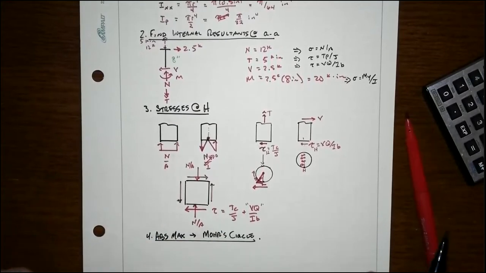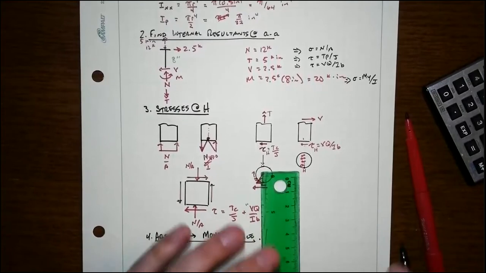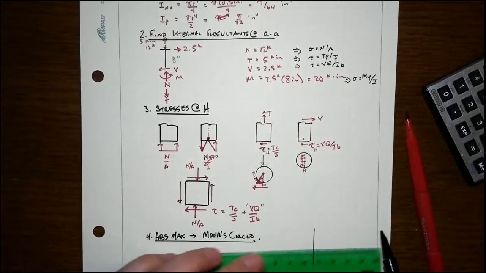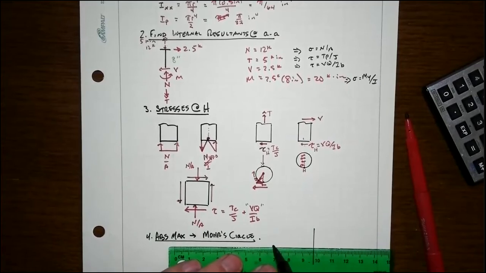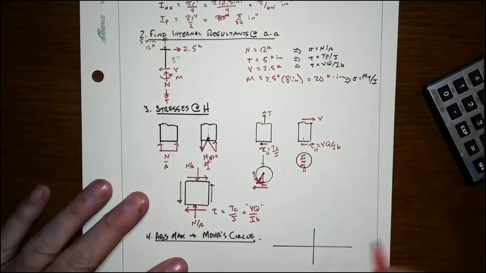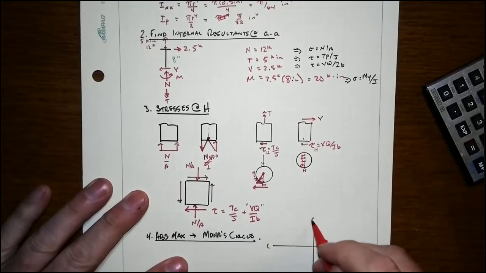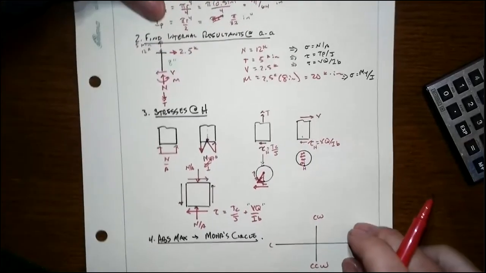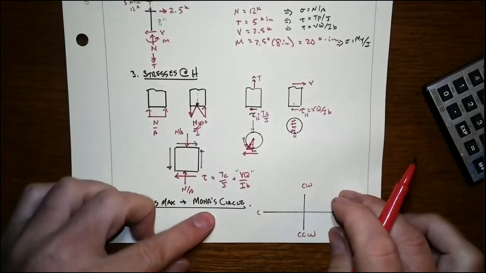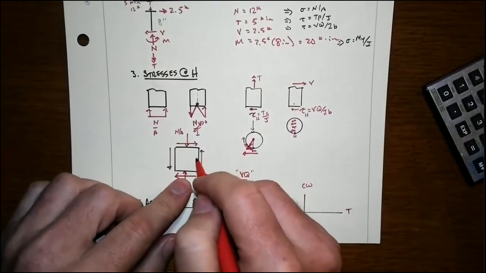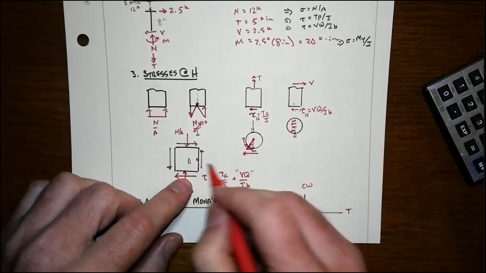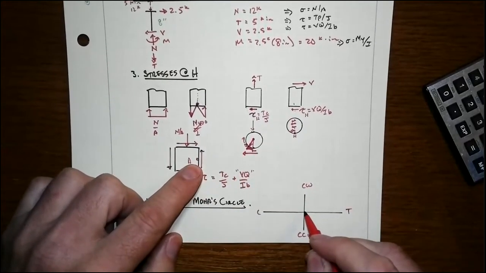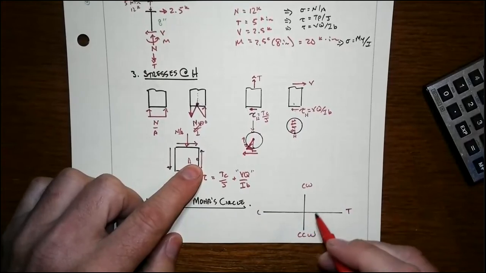Of course, I'm running out of space on the page, but conceptually, let's see what we've got. There's tension, compression, clockwise, counterclockwise. And so we look at that, and this point A has no normal stress, but it has a counterclockwise rotational effect.